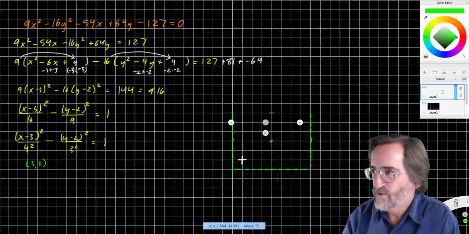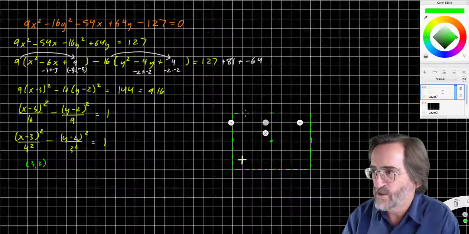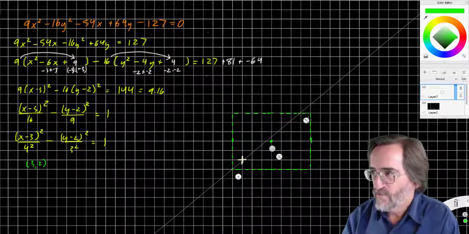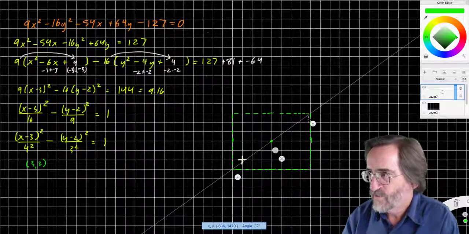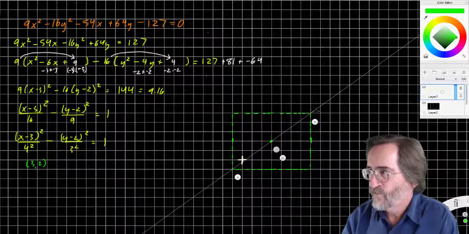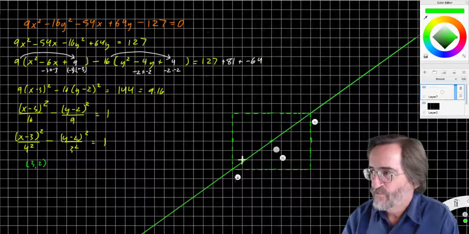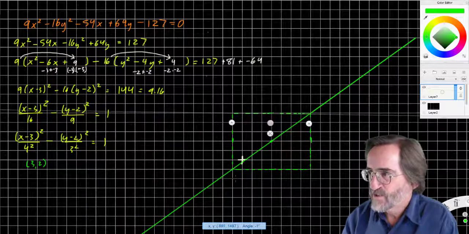Now the hyperbola exists outside the box, not inside the box, as in the case of the ellipse. So it has a slope of 3/4. Up 3 over 4, up 3 over 4. So it has an asymptote going out here, and an asymptote going negative 3/4 as well.